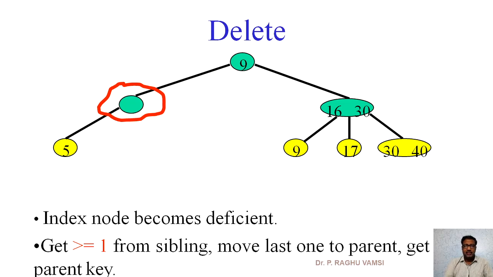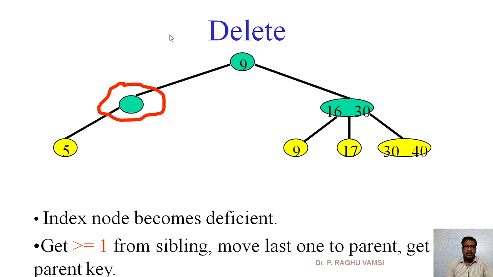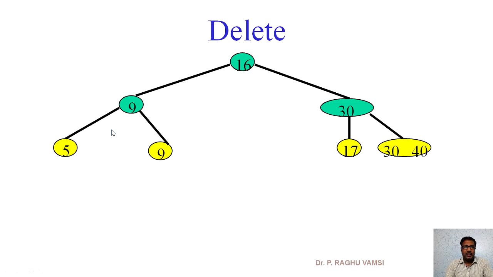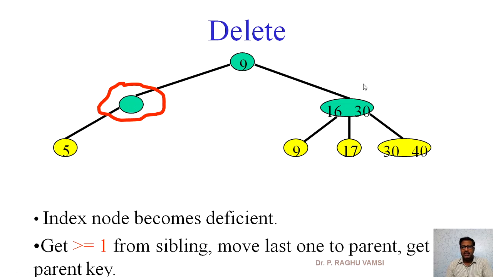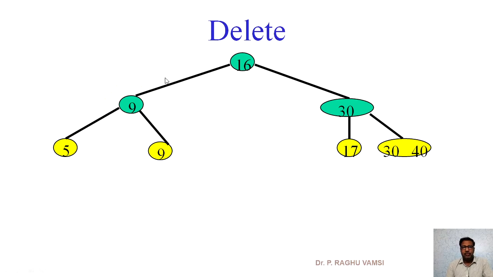So in such cases, this 9, whatever the 9 is there, that will be shifted to the left hand side, and thereby this root 9 will be percolated down, and this particular 9 will be shifted to the right hand side, and 16 is the key that will be percolated out. So you will get the root as 16, and 30 here, 7 is the left hand side of 30, and 30, 40 you will get.